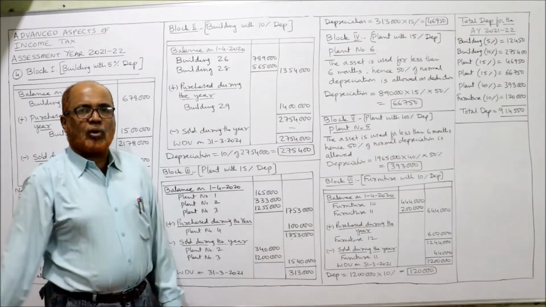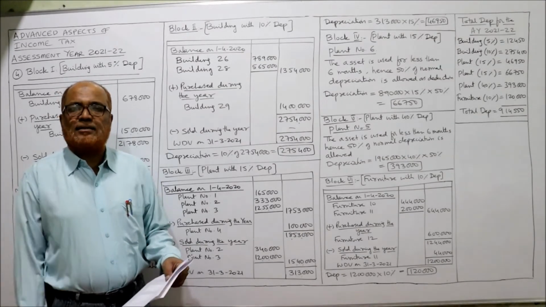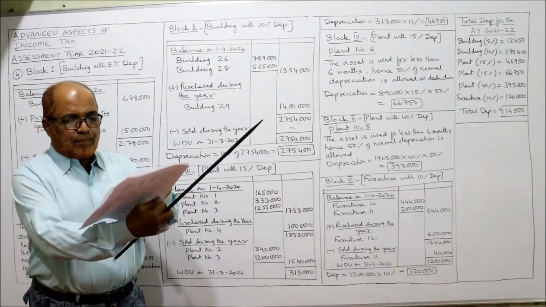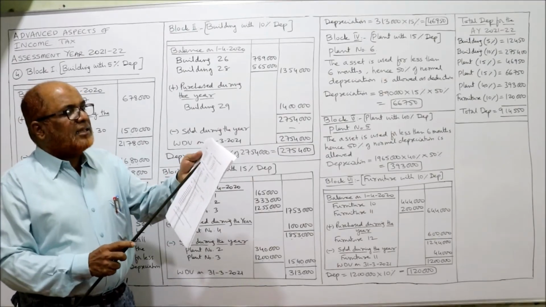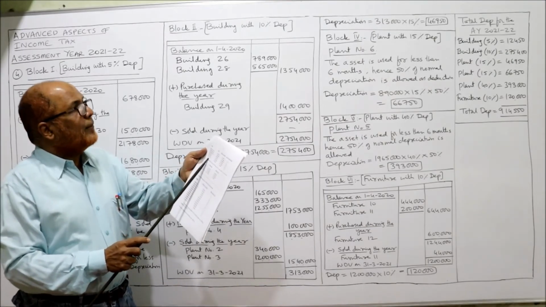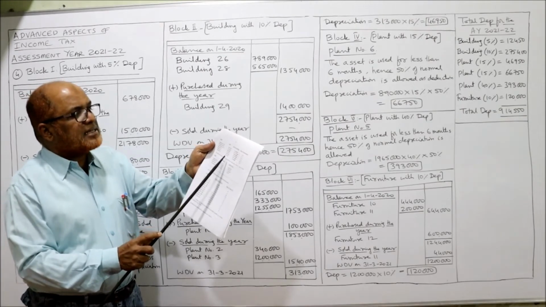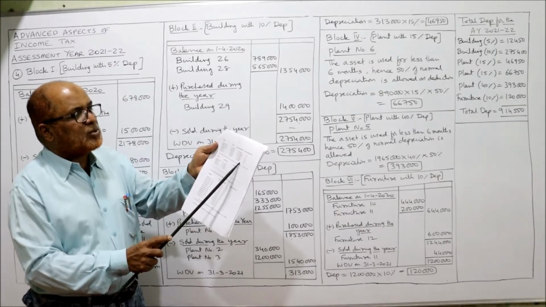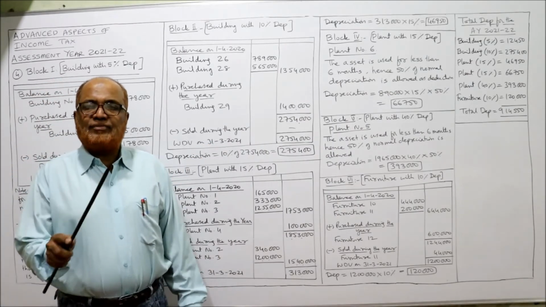Now block number 4, plant with 15% depreciation, but used for less than 180 days. In the purchases list you can see plant number 6, the last plant. Plant number 6, 8,90,000, purchased on 1st March 2021, 15% depreciation.